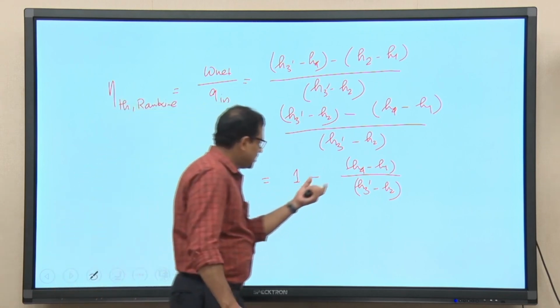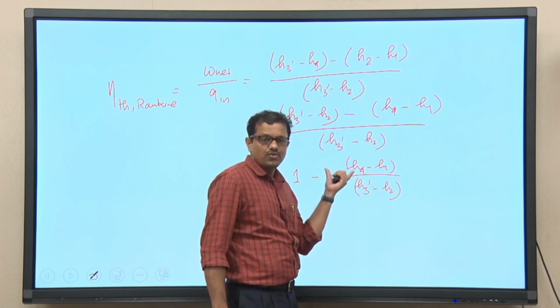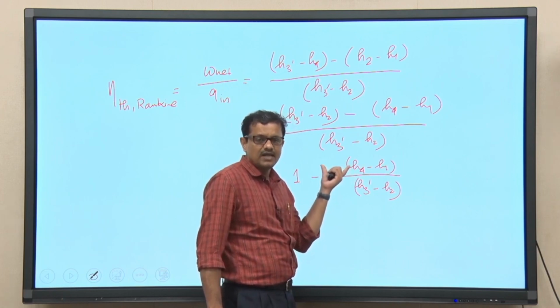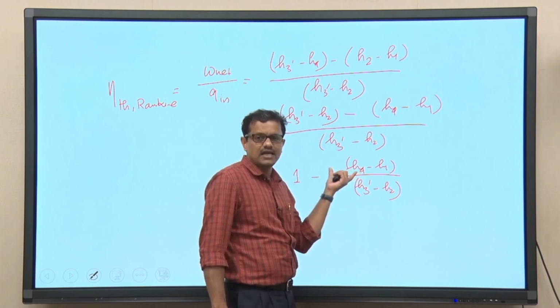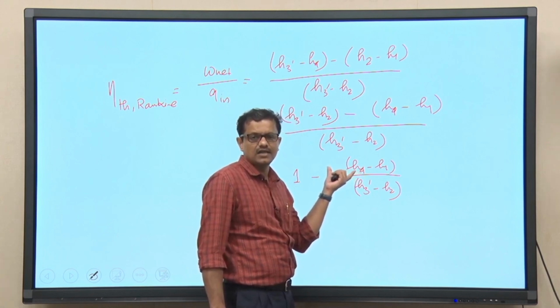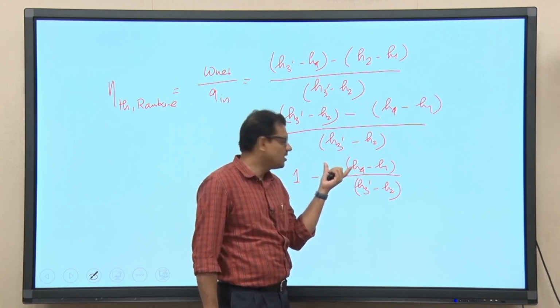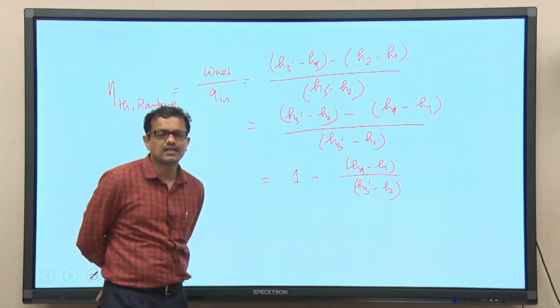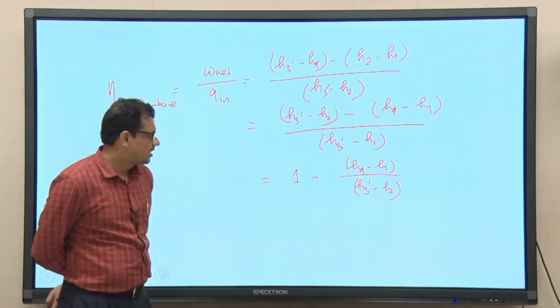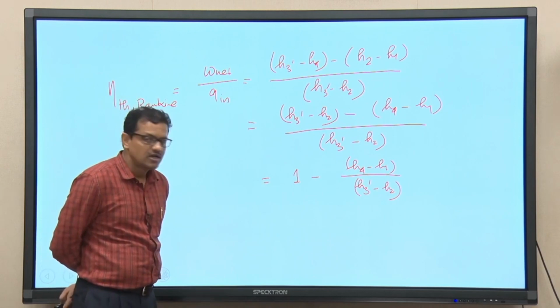Let me tell you again, if the thermal efficiency of the Rankine cycle is compared with the thermal efficiency of the Carnot cycle, we will find that it is less.